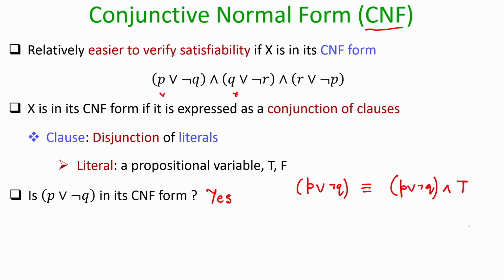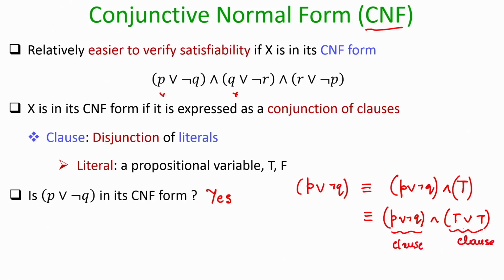You can verify that, and I can put a parenthesis around this, and I can further say that this expression is logically equivalent to this one. Now, this first sub expression is a clause, and this second sub expression is also a clause, and I have the conjunction appearing between these two clauses.